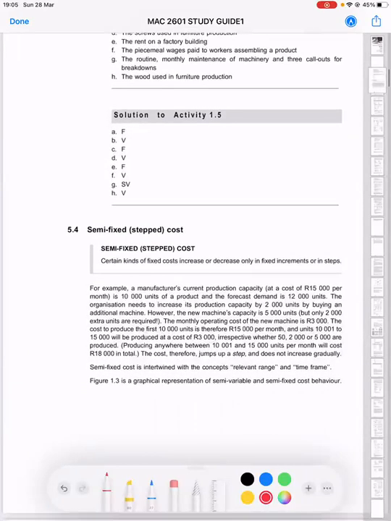Okay. Now we then go on to look at a semi-fixed cost or a stepped cost. Now they say certain kinds of fixed costs increase or decrease only in fixed increments or in steps.